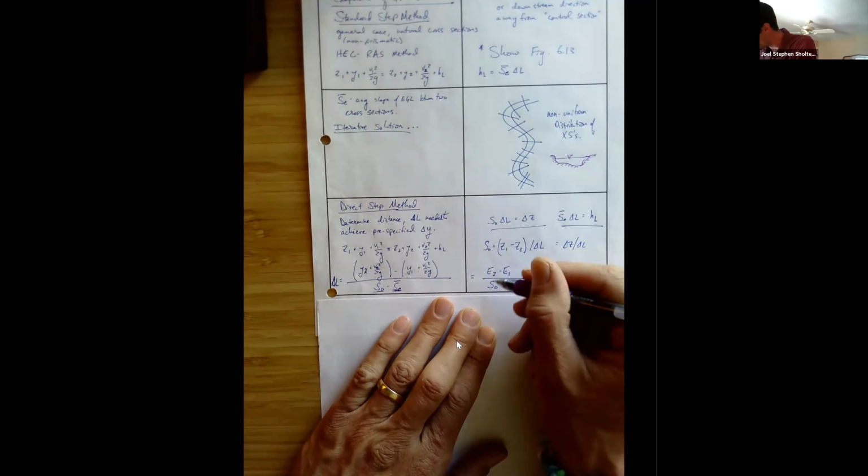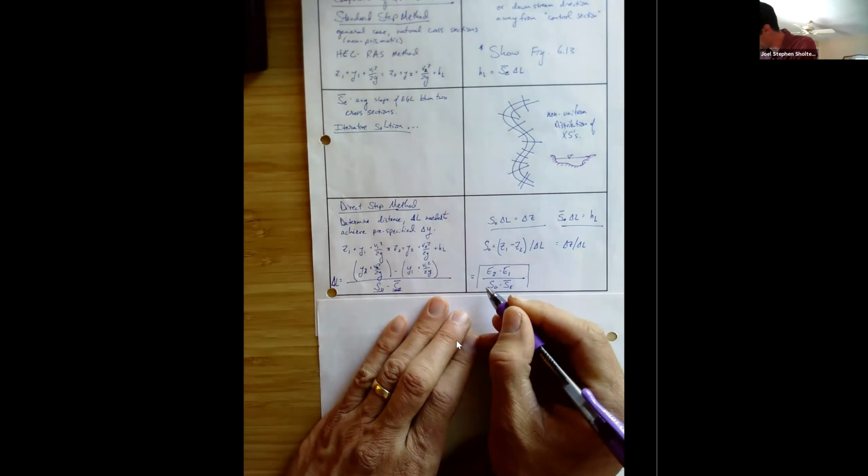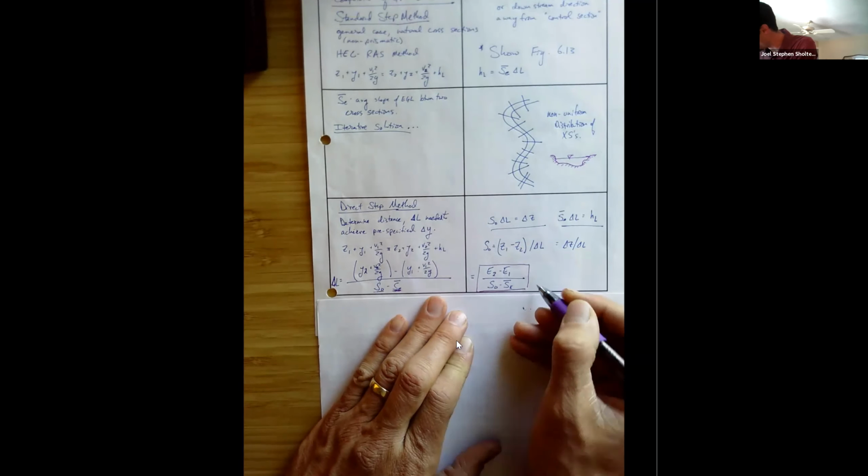So if you think about it, this is the direct step method for calculating that water surface profile. It's pretty straightforward. We're just calculating the difference in specific energy and dividing it by the difference between the bed slope and the energy slope.